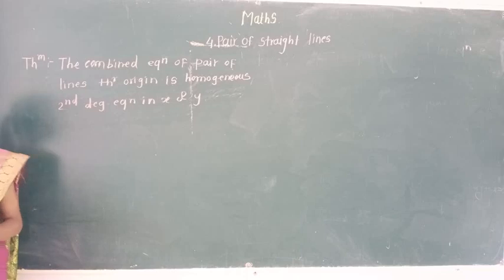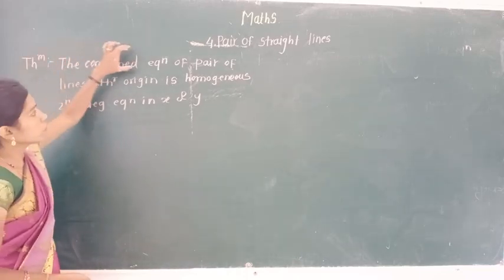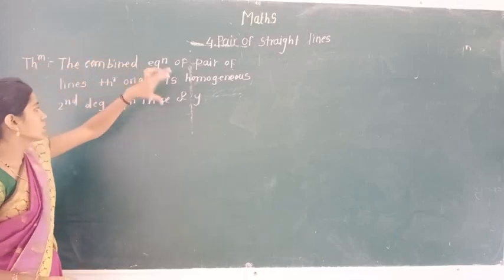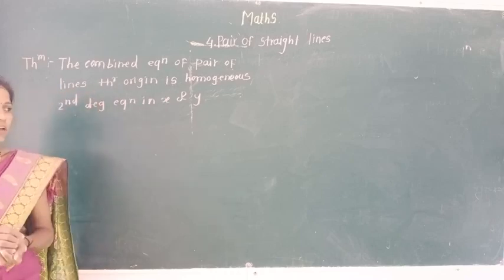Okay, so in this we have to prove the combined equation of pair of lines, they are passing through origin, is always represented as the second degree homogeneous equation.